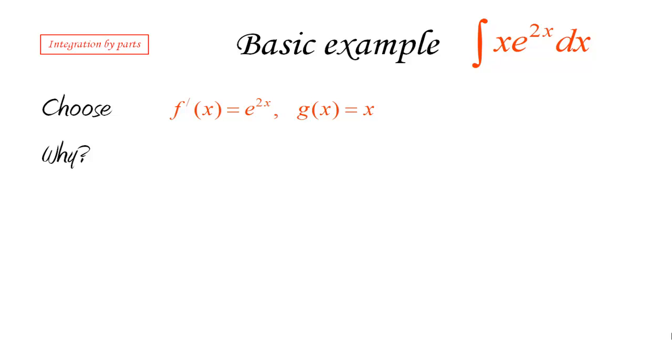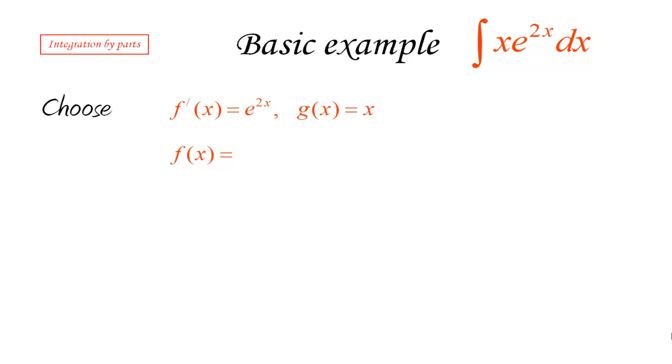You'll notice that computing the derivative and the antiderivative will be easy, but what you come up with is not going to be very fun to work with. In fact, it's not going to be any easier than what we have right now. So that's the reason why I chose it that way. How do I know that that's the right choice? Experience.